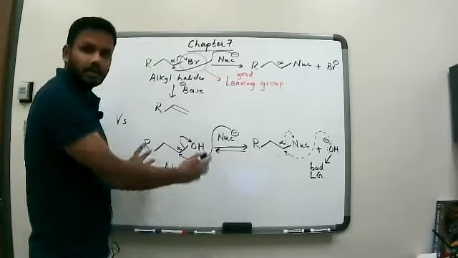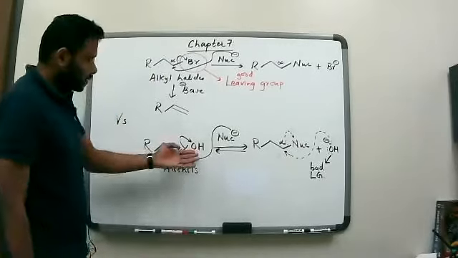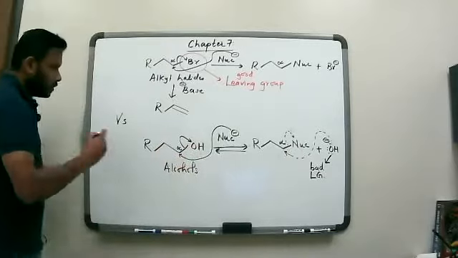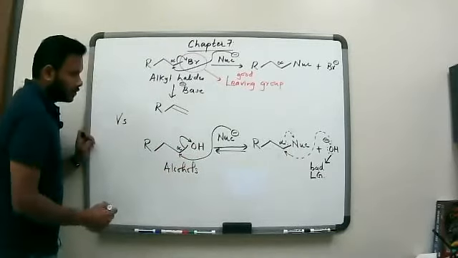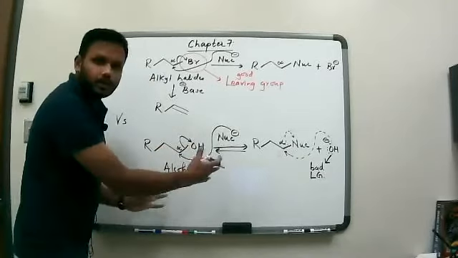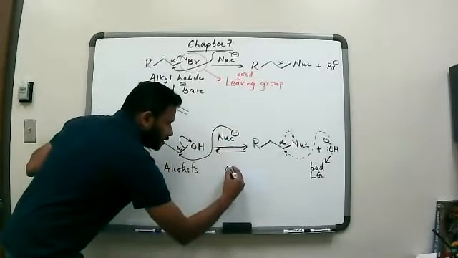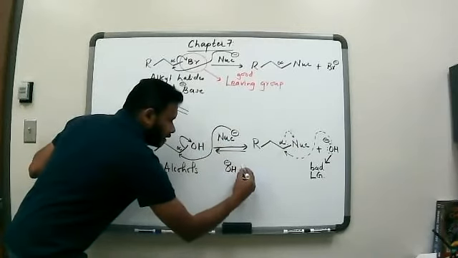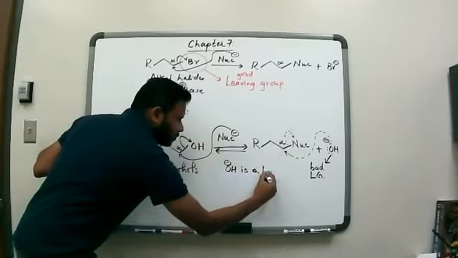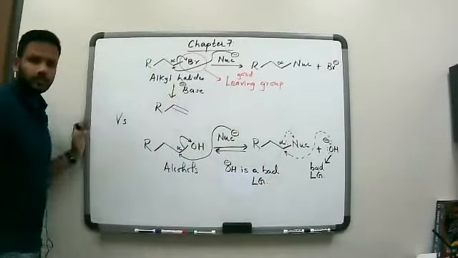That means there isn't a lot of reaction going on at all. So that's an issue. When we think about alcohols as substrates now for substitution kind of reactions, one issue that we run into is that hydroxide is a bad leaving group.